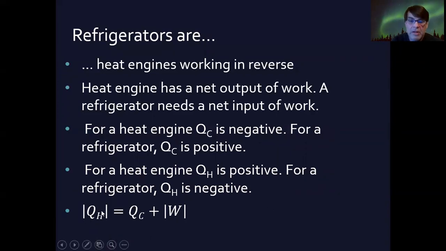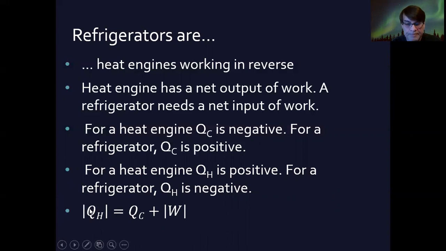By the way, whether you're dealing with a heat engine or a refrigerator, the absolute value of QH equals the absolute value of QC plus the absolute value of the work. This equation works for all absolute values, whether you're a heat engine or a refrigerator.